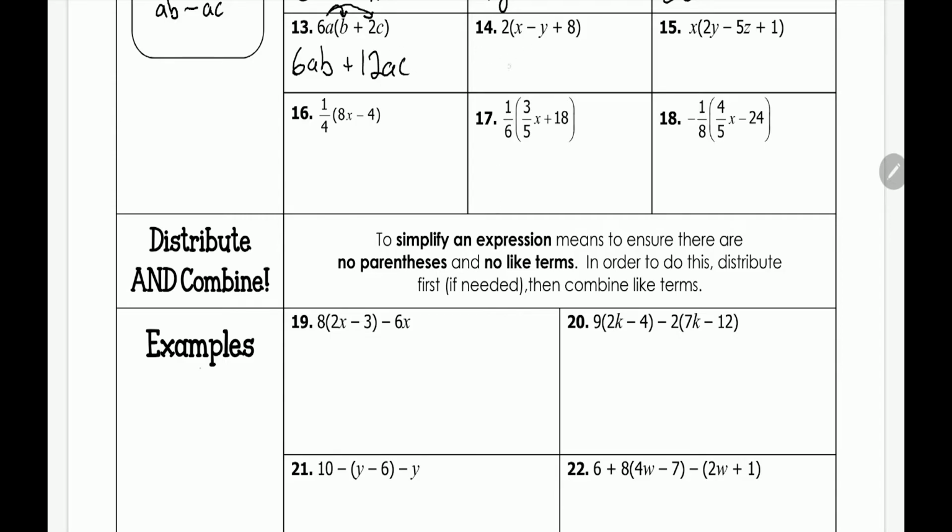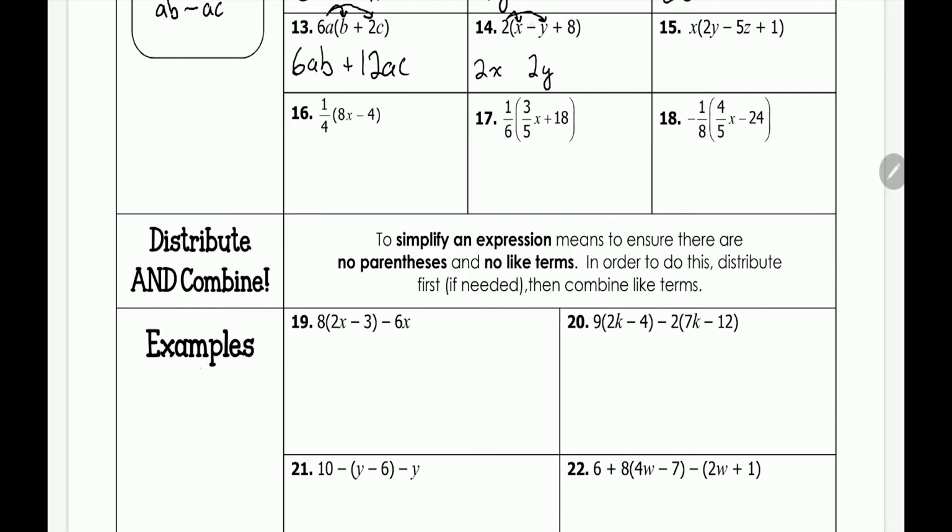Moving on to 14. Something's changed. Instead of just having two things in the middle, we have 3. So we have 2 times x minus y plus 8. We're going to take it one step at a time. So we have the 2. We're going to distribute it to the x. That gives us 2x. Then we have 2, and we're going to distribute onto the y. That gives us 2y.